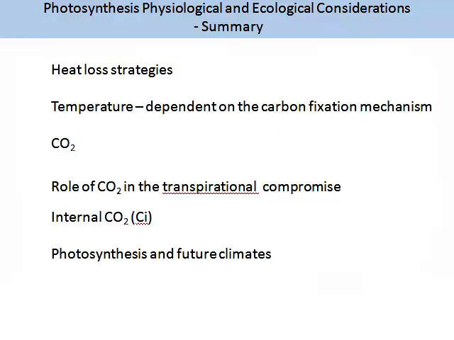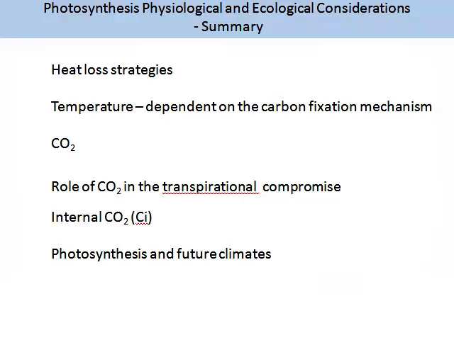In summary, I hope that you now understand the heat loss strategies that are available to plants to optimize photosynthesis. We've touched on the impacts of temperature and examined how they are dependent on the carbon fixation mechanism. We've looked at the entry of carbon dioxide into the plant and the role of the transpirational compromise and stomata.